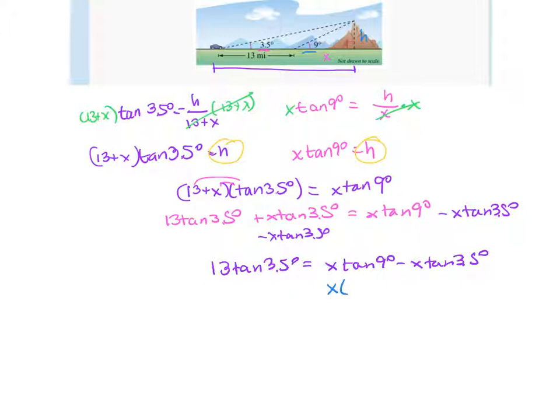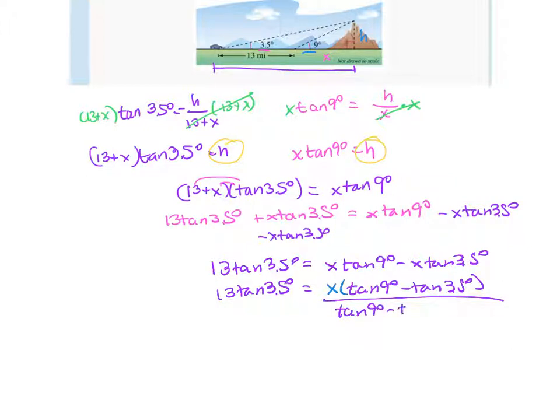And so now this is going to become x times tangent of 9 degrees minus tangent of 3.5 degrees. And this side is 13 tangent of 3.5 degrees. So to isolate the x, we divide by this value here: tangent of 9 degrees minus tangent of 3.5 degrees.